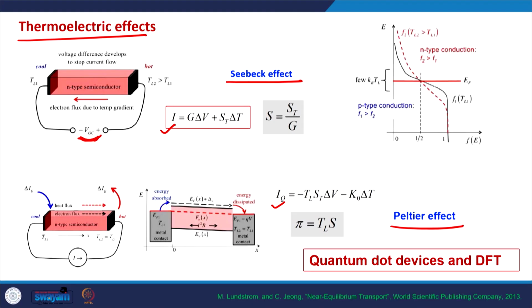The reverse happens in the case of the Peltier effect. Because of a current flow in a semiconductor, a heat current also flows, which develops a temperature difference. So that's what we discussed in thermoelectric effects, and we derived the Seebeck coefficient and Peltier coefficient.